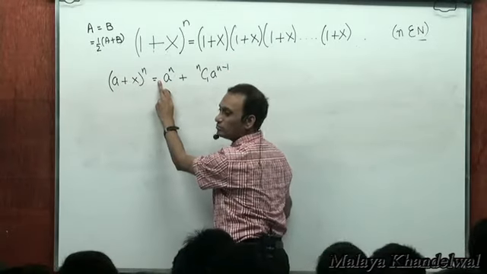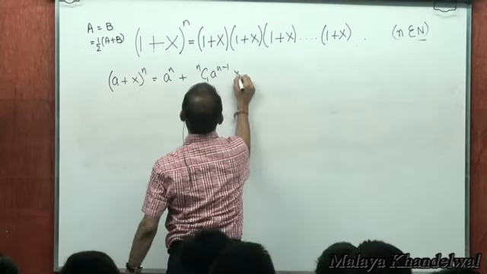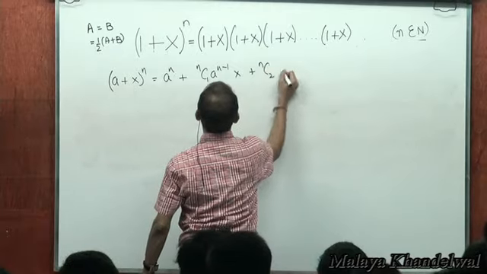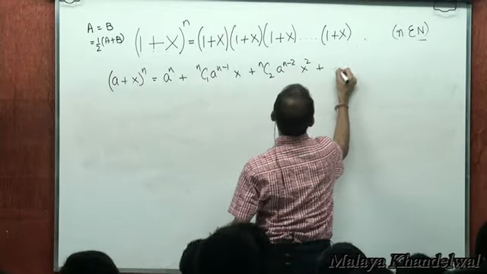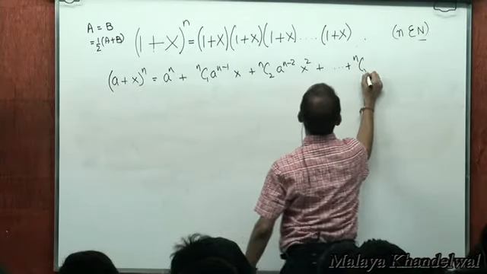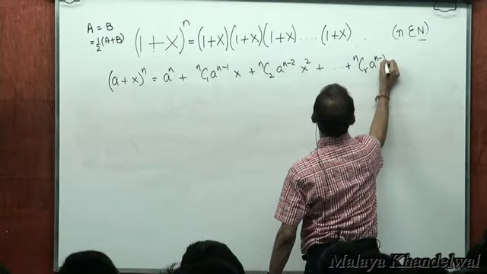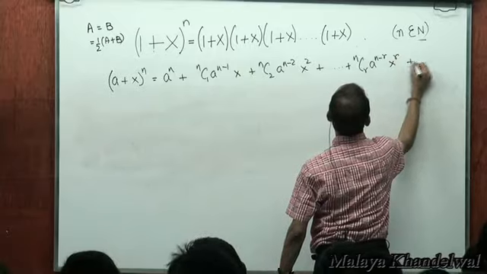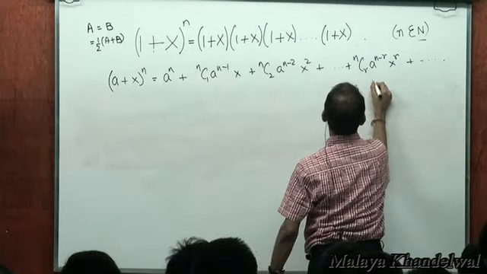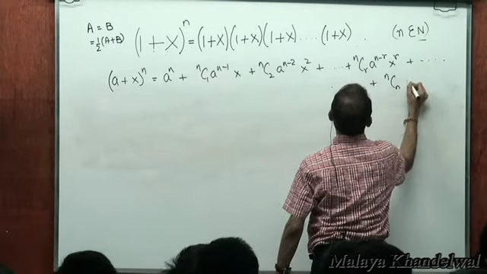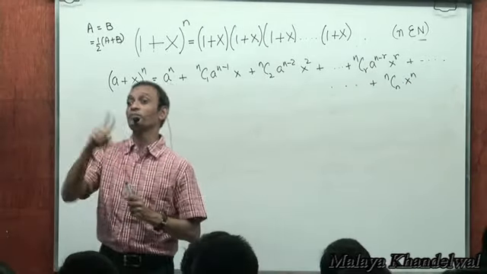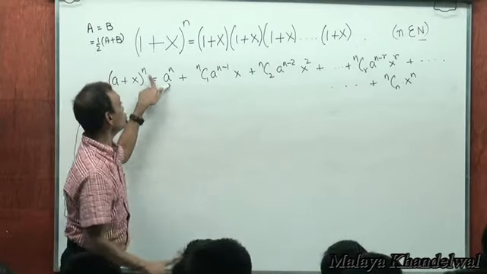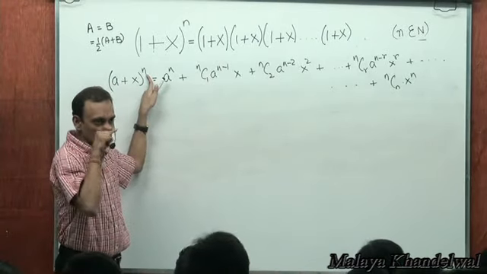This is nC0. You might want to write that. Plus nC2 a power n minus 2 x squared, nCr a power n minus r x power r, up to nCn x power n. n plus 1 terms in the expansion of this. Sum of the powers of a and x always adding up to n. Clear?